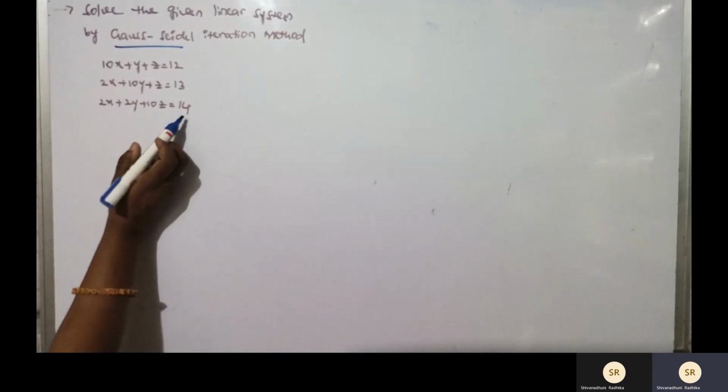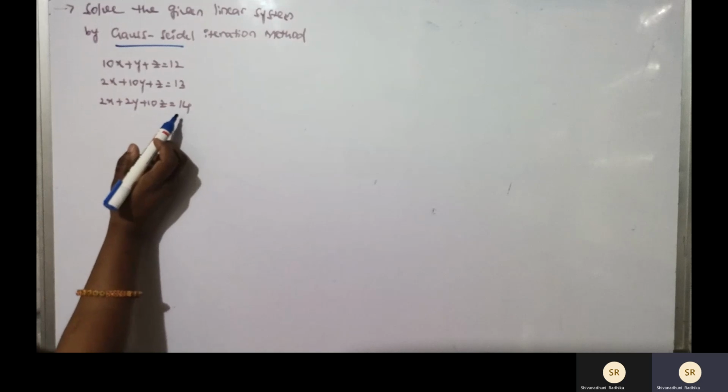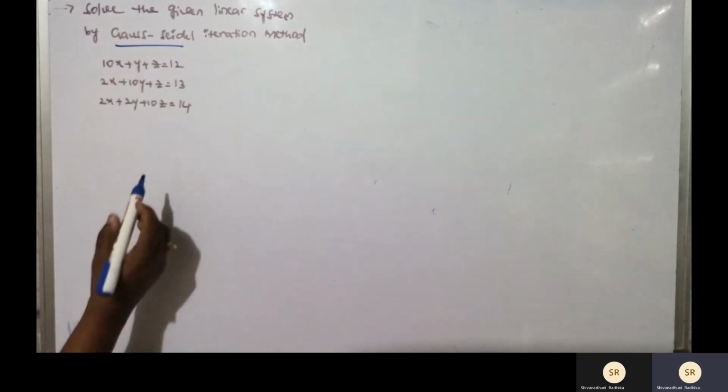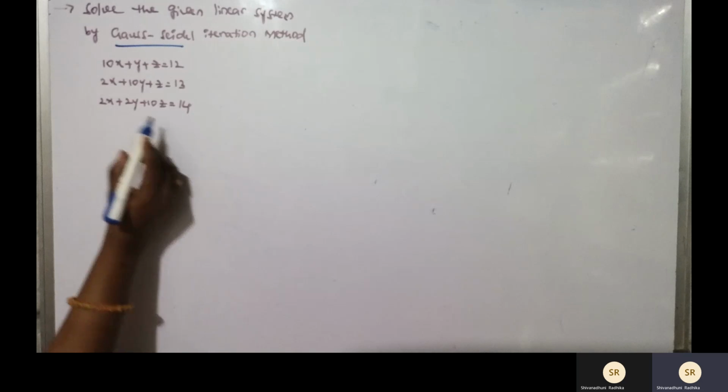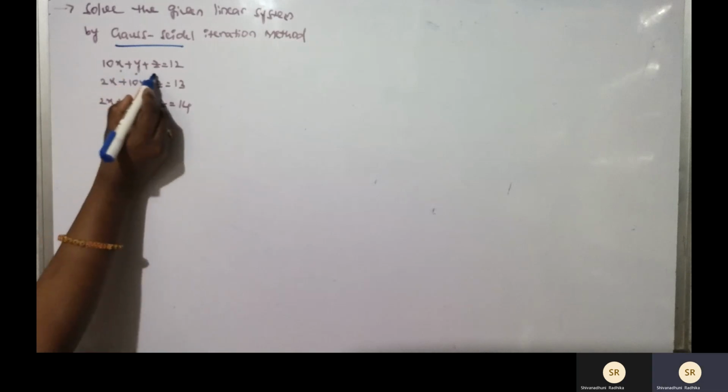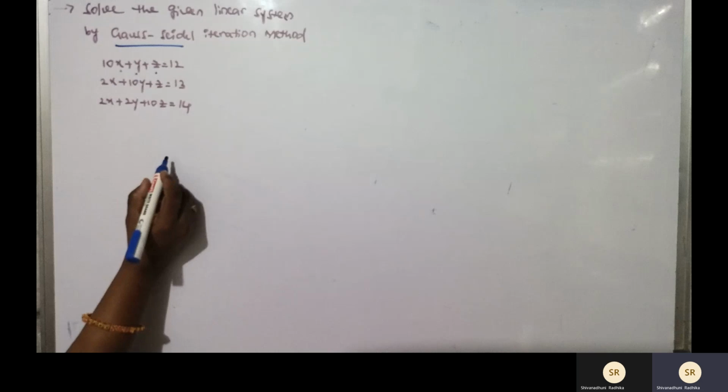So this is the problem. Now we have to solve this problem by using the Gauss-Seidel iteration method. It means we have to find the variable values, the X, Y, Z variable values.